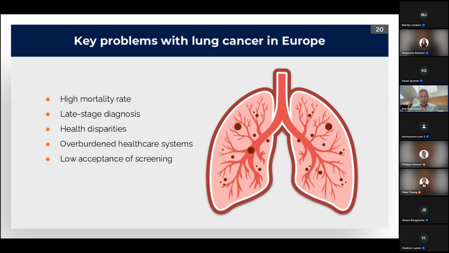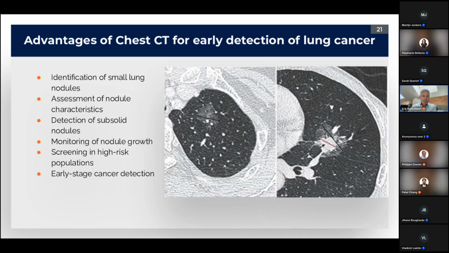And then, of course, another issue is the low acceptance of screening. Despite the evidence of its effectiveness, the lung cancer screening programs are not yet widely implemented across European countries. I will say more about it in the rest of my presentation.